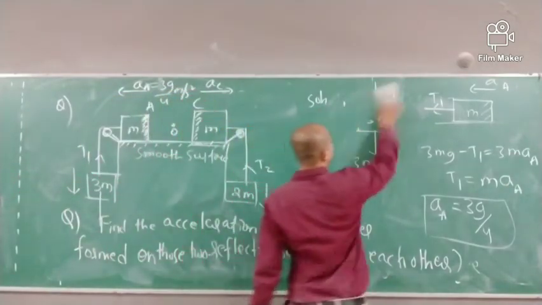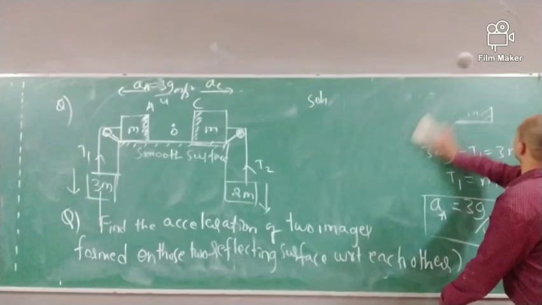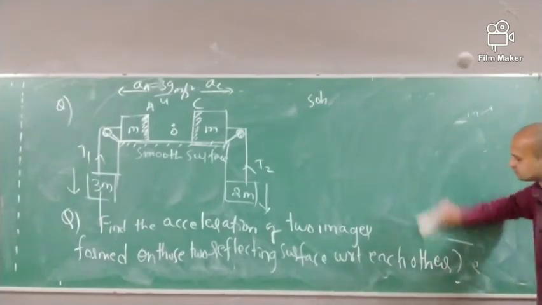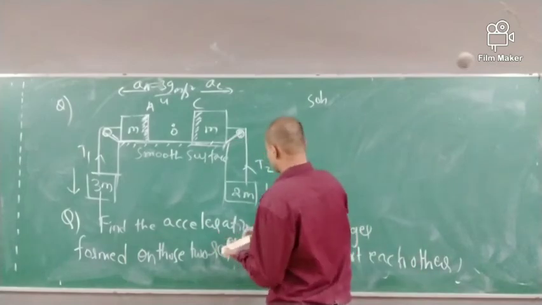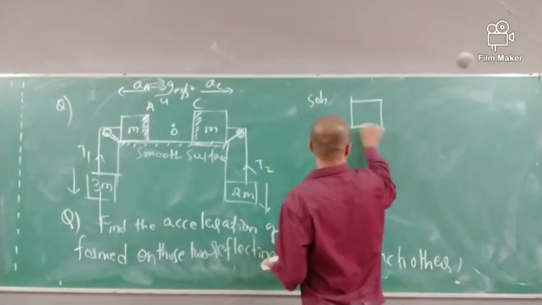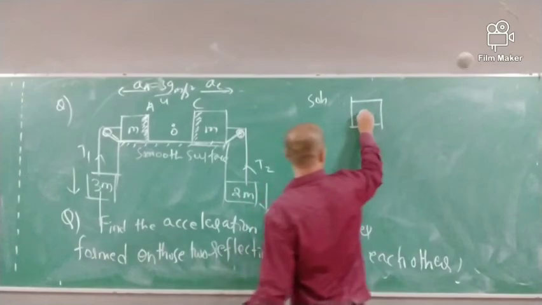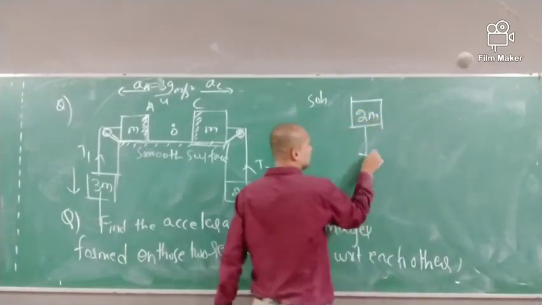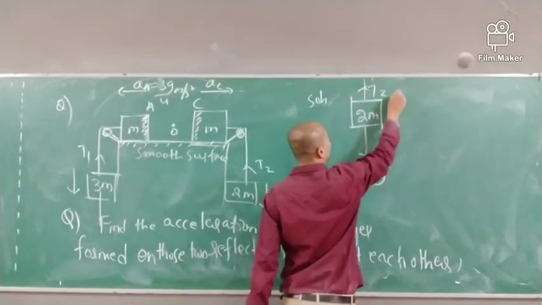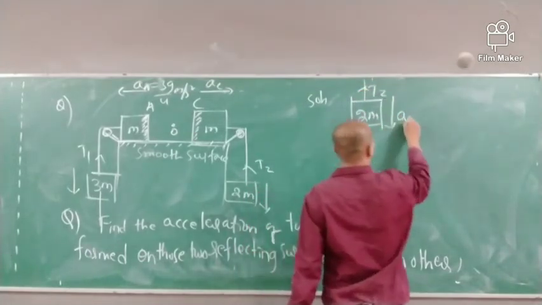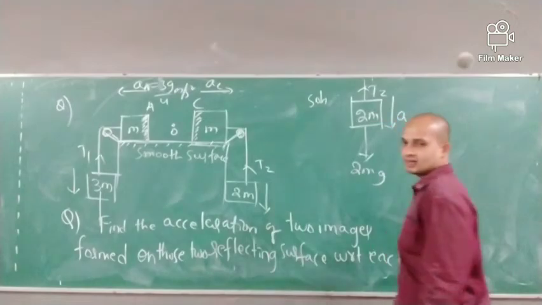Let us calculate for the second case. Look here. There is one block. Let us take tension T2. 2mg is acting downward and T2 is acting upward. The net acceleration is AC, acting downward.